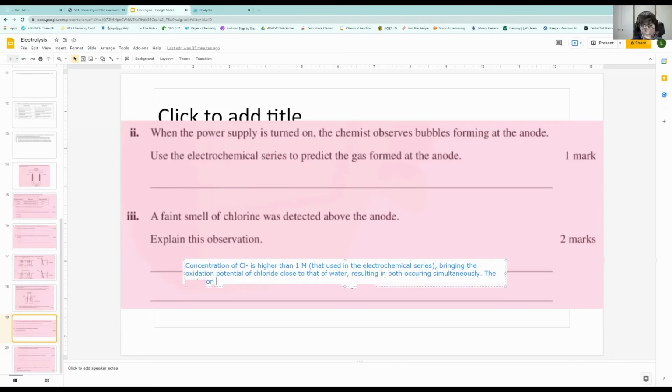I'll just spell it out, the oxidation of chloride produces chlorine gas.